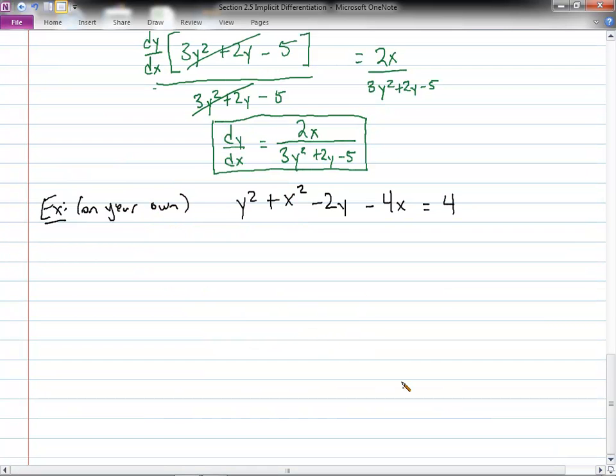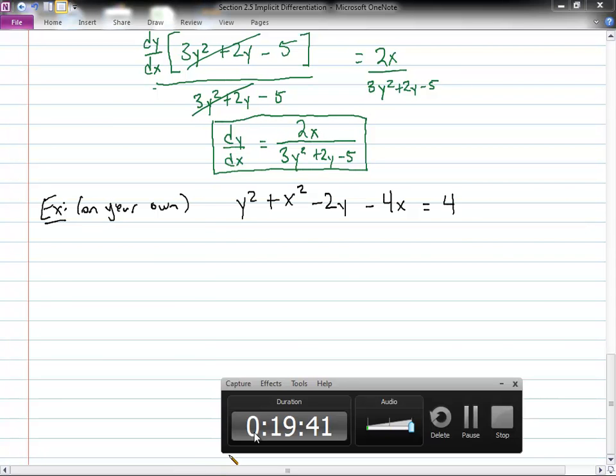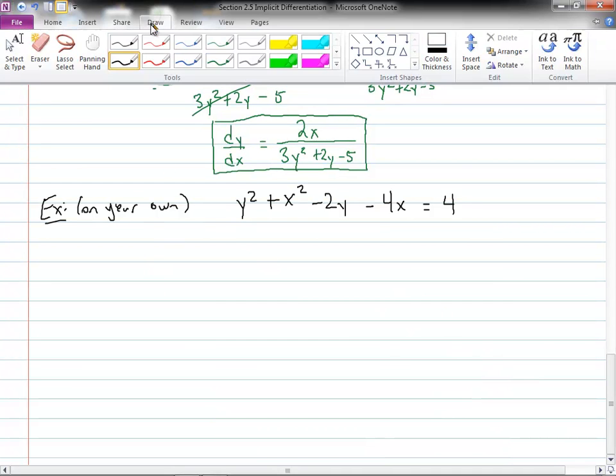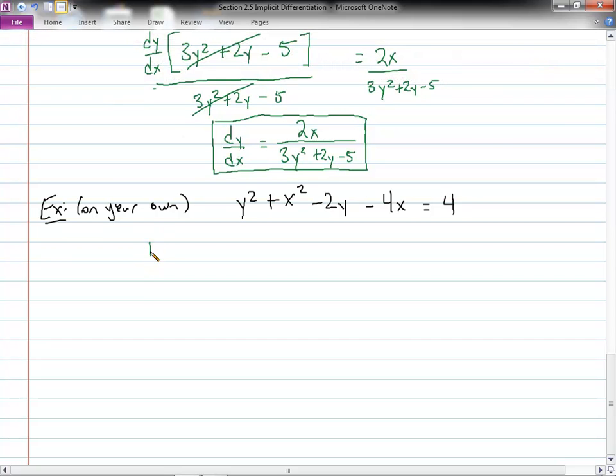Am I unpaused? Please, tell me. Yes, we're going. All right, so what did you get for an answer? Anybody shout out what you got? Well, dy dx equals negative x plus 2 over y minus 1. Yes, no, something else.